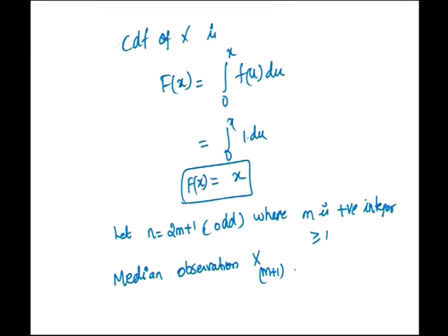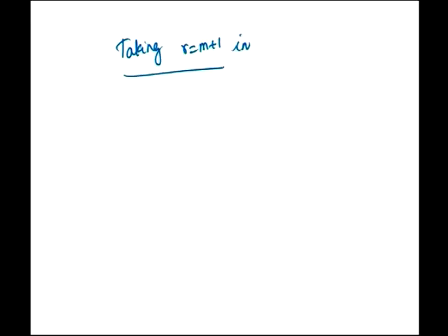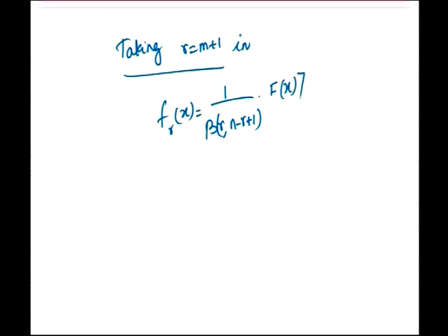Next, taking r is equal to m plus 1 in the PDF of rth order statistic. PDF of rth order statistic is given by f r of x is equal to 1 by beta of (r comma n minus r plus 1) into (capital F of x) whole power r minus 1 into PDF f of x into (1 minus capital F of x) whole power n minus r.